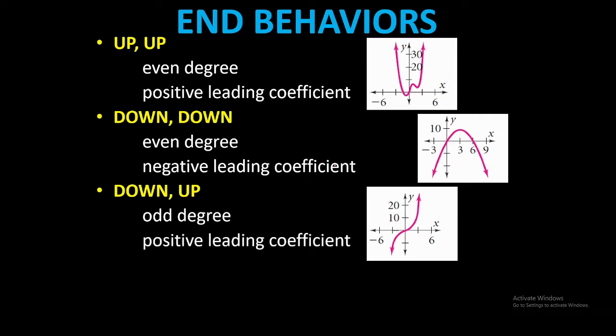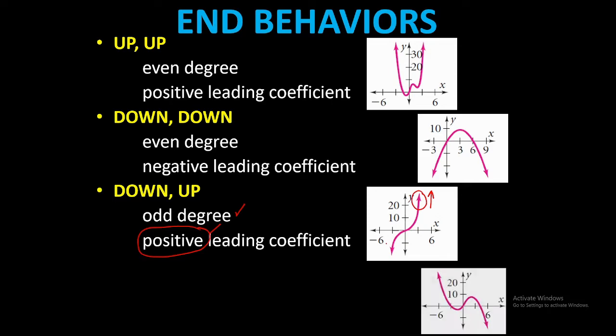Now, what part of the graph do I relate this positive to? The second arrow. The second arrow will tell you if the leading coefficient is positive or negative. Since that's going up, positive leading coefficient. And take note, when I say odd degree, the end behaviors are not the same. One is the opposite of the other, either up, down, or down, up.